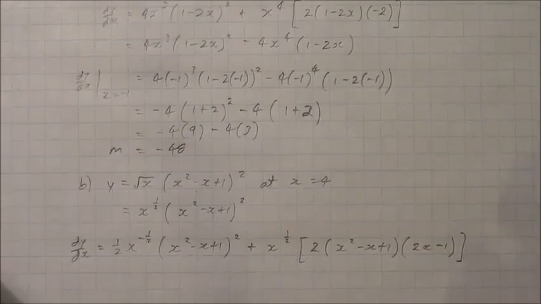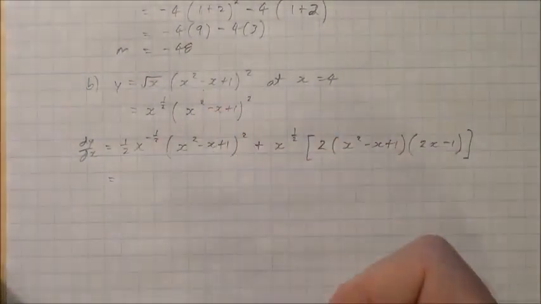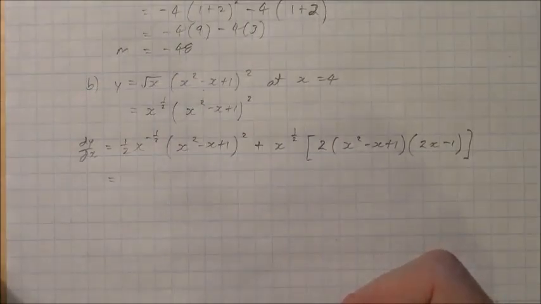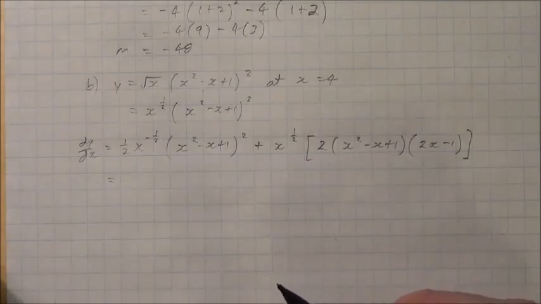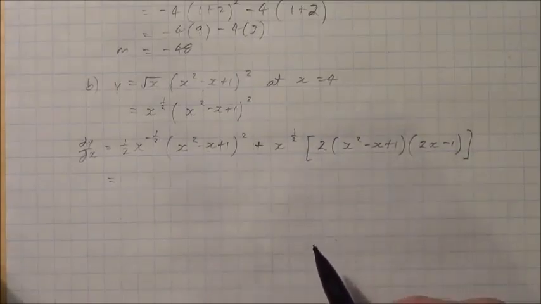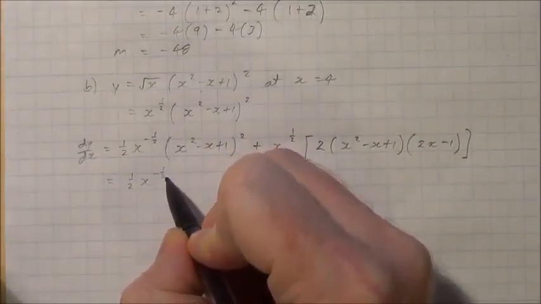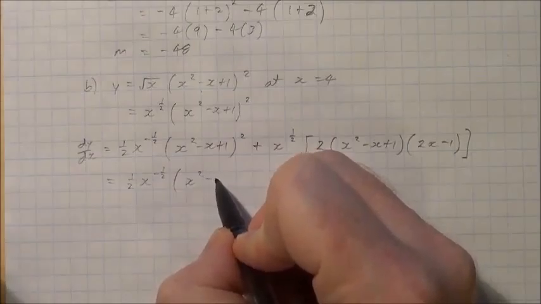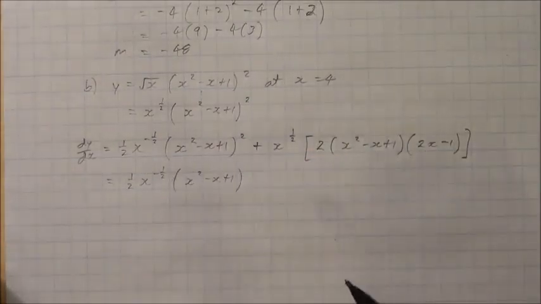Now I've had a little change of heart in terms of simplifying, so I'm going to simplify this one by factoring a little bit, just to make sure that I can save a little bit of room with all this substitution that I'm going to be doing. So I'm going to factor out a 1/2 x to the negative 1/2, x squared minus x plus 1 from both of these terms.